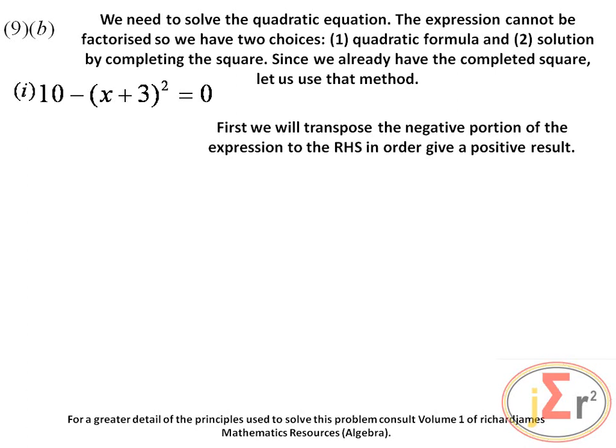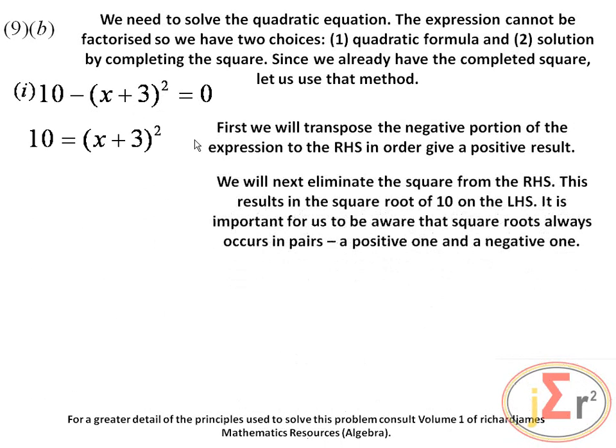Students may manipulate negative signs successfully, but a very good suggestion I'm making to you is that if you can eliminate the negatives immediately, go straight ahead, and that is what I am about to do right here. So this one is transposed. We will next eliminate the square from the right hand side.